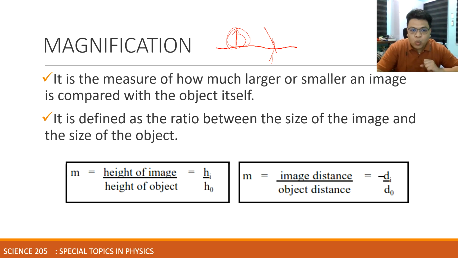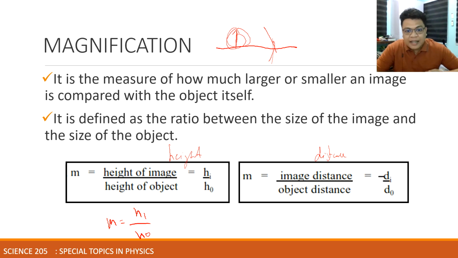So we have here two formulas in finding magnification. We have magnification using the height, and the other one is using the distance. When the given word problem has height, you're going to use this equation: magnification equals the height of the image, HI, over HO.